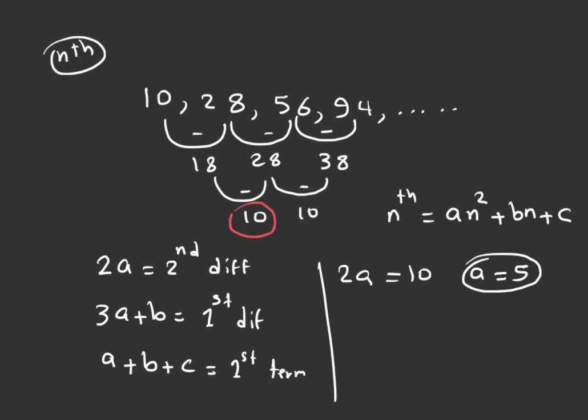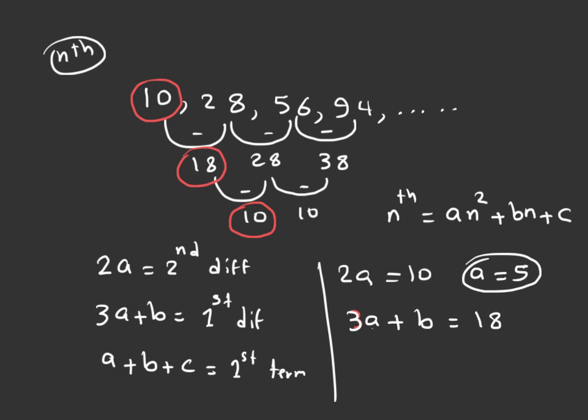Now 3a plus b equals the first difference, which is 18.